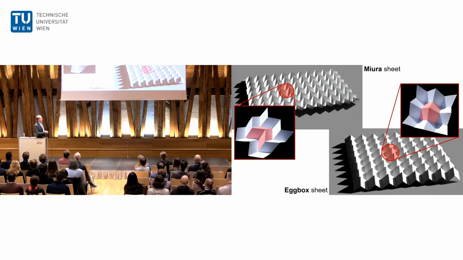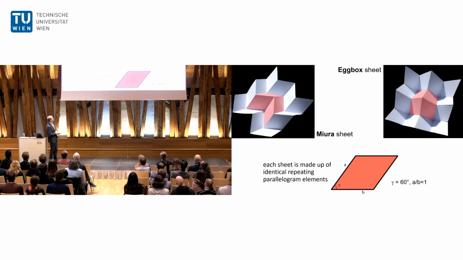The egg box has got those same patterns but arranged in a different way, and that means that you have vertices that have an angular defect and vertices that have an angular surplus. So on average, you don't have any angular defect, but you can't make it from a single sheet. And so here's a close-up view of those cases.